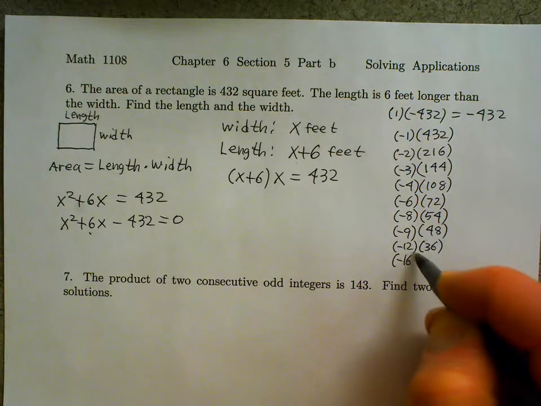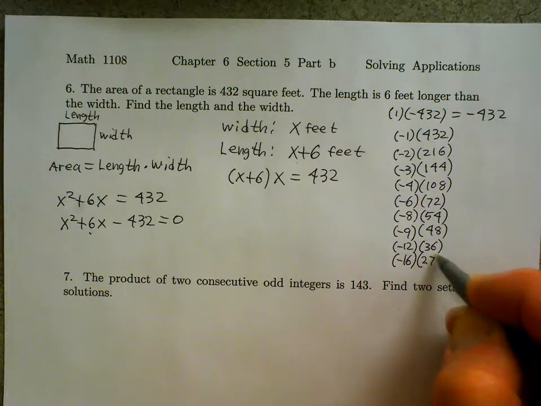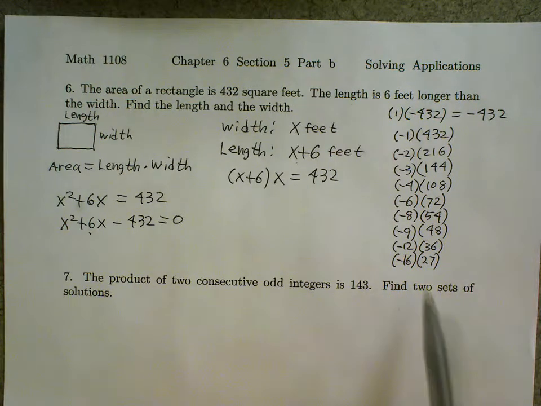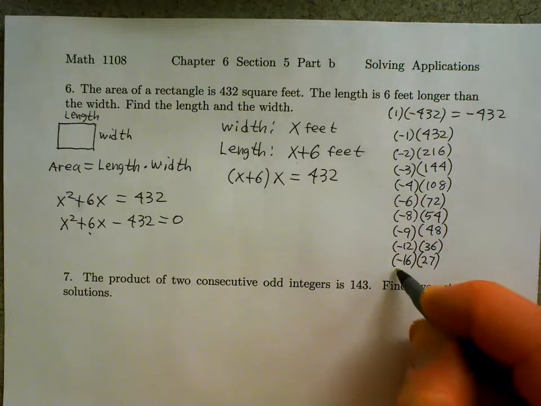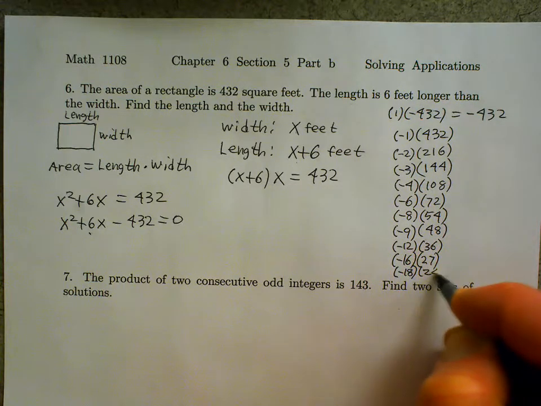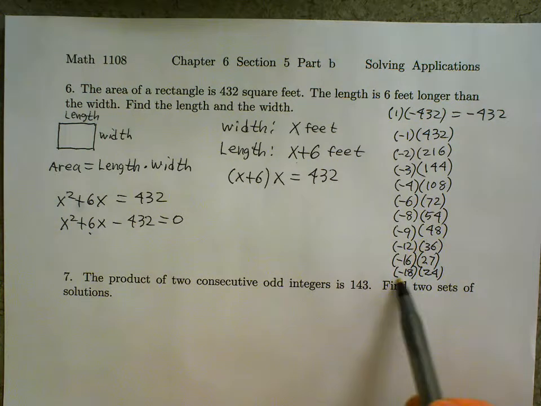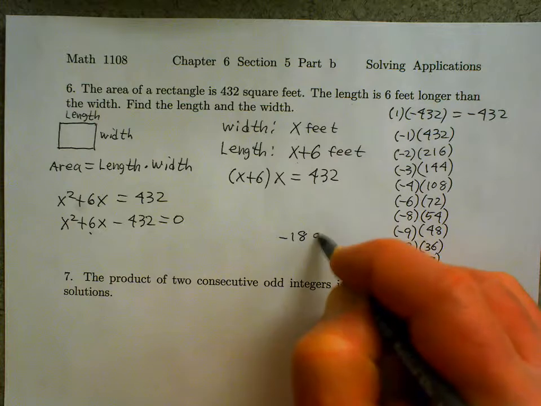So negative 16 and 27, those add up to 11. So negative 17 is not a factor. Negative 18 times 24. Those do add up to 6. So negative 18 and 24.